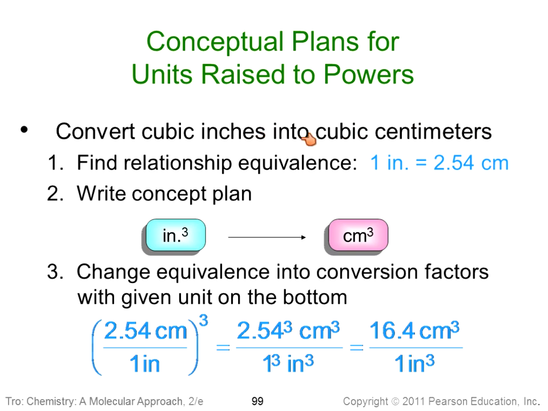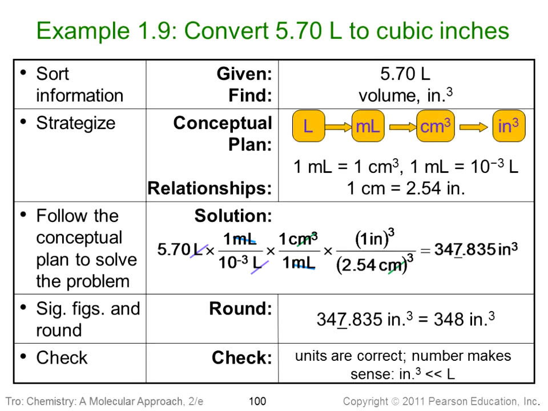Sometimes you want to convert cubic inches to cubic centimeters. I need to cube my whole conversion factor if I'm doing that. So here is an example going from liters to, say, cubic inches.